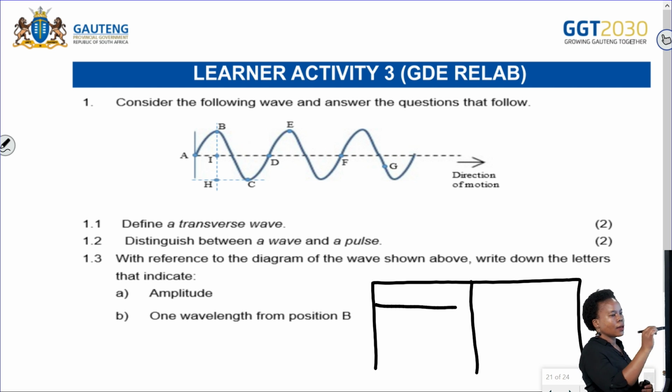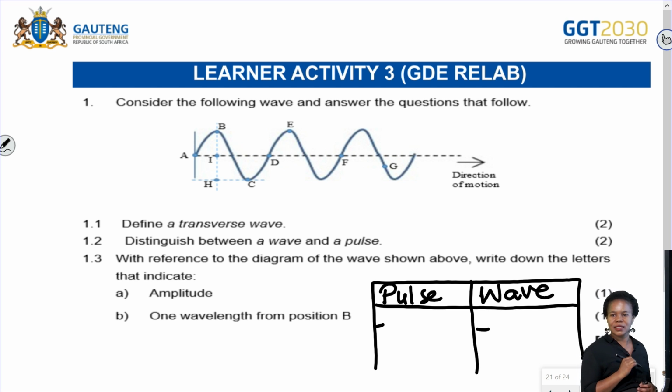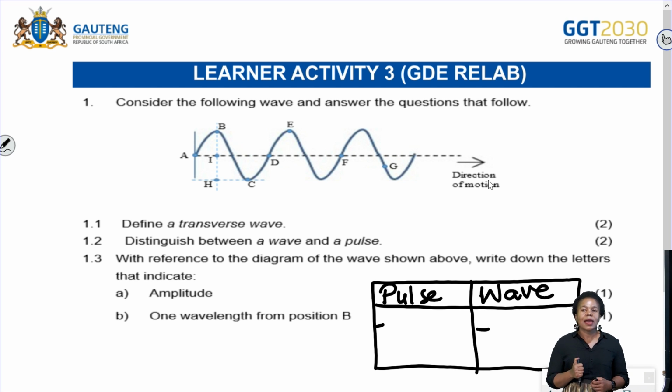So you just write, this is my pulse and this is a wave. Then you define the two. A pulse is a single disturbance in a medium, but a wave is a continuous disturbance in the medium. So it's no longer just one single disturbance. It's a continuous periodic disturbance in a medium giving a succession, or rather a train, of pulses.